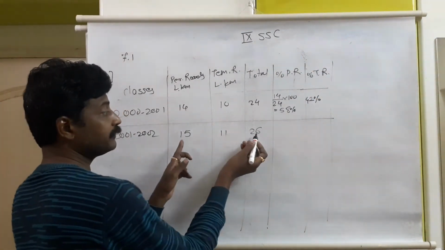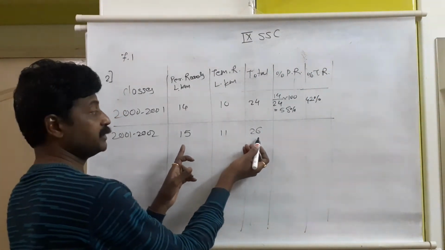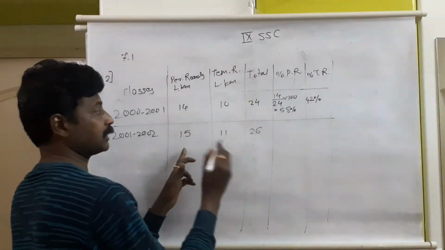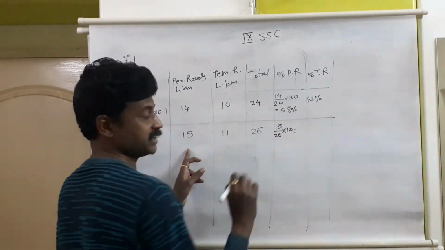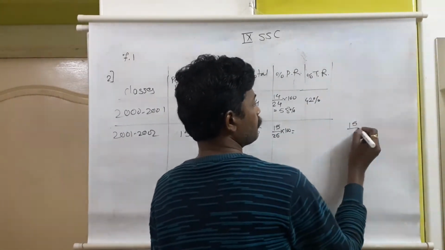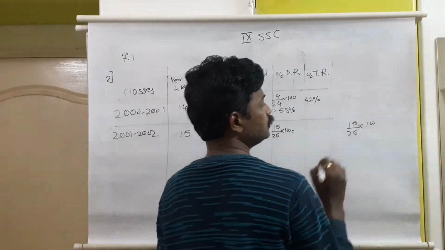So out of 26 lakh kilometers, 15 lakh kilometers were permanent. 15 out of 26, then out of 100, how much? We'll solve it. 15 upon 26 into 100.